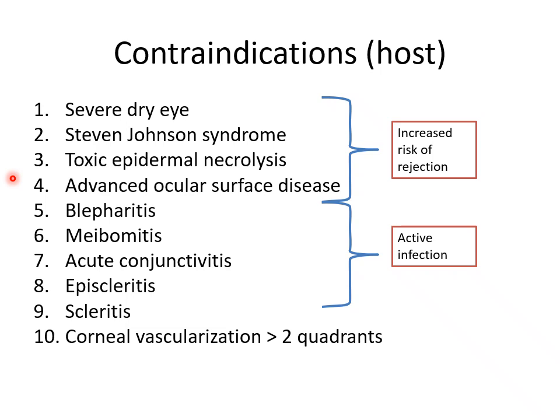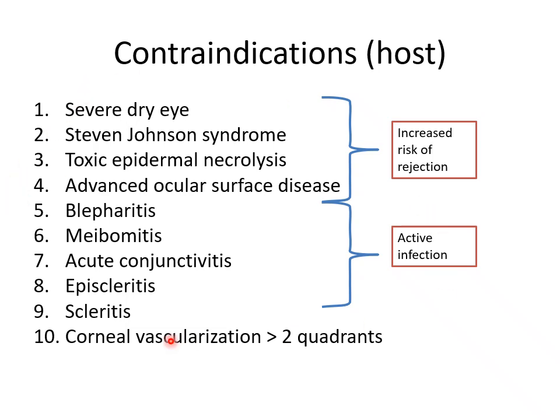In the following cases: severe dry eye, Steven-Johnson syndrome, toxic epidermal necrolysis, and advanced ocular surface disease. Why? Because even if you transplant the cornea in such cases, there's going to be an increased risk of rejection because this disease is going to recur again and again.